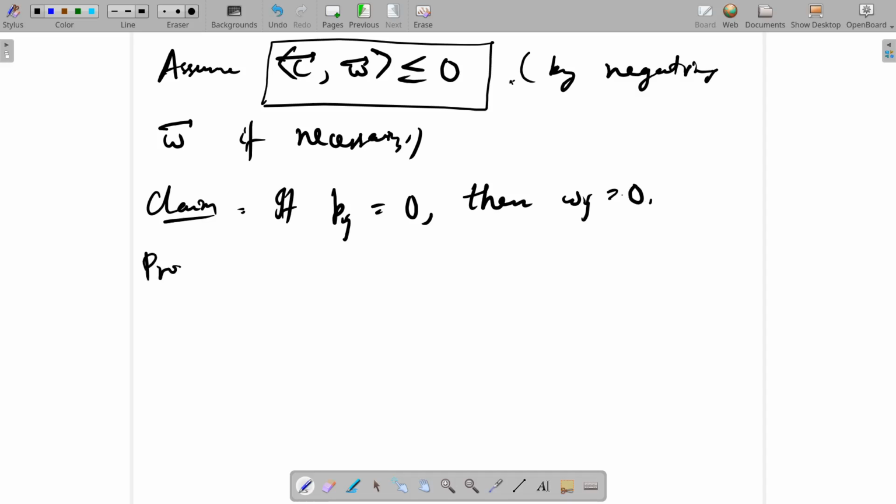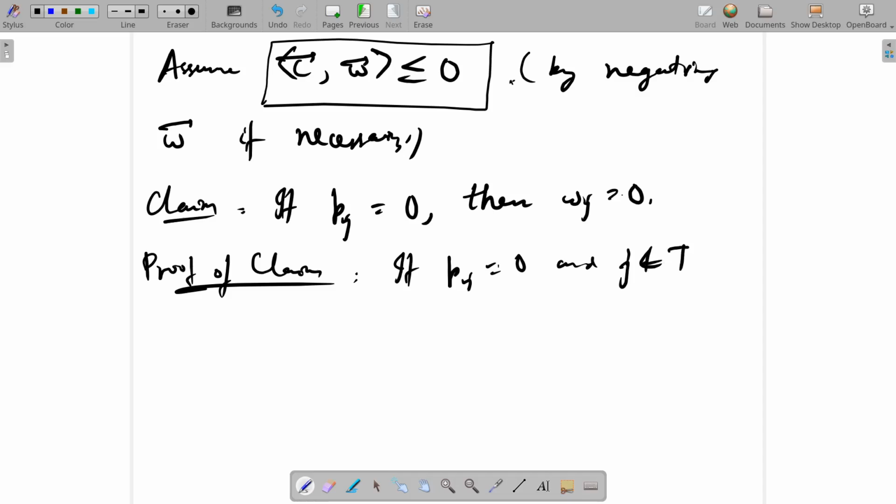Alright, quick proof of the claim. Let's say Pj is 0 and j is not in this indexing set I, because if j is already in the indexing set I, then Wj is 0. That was how F star was defined.